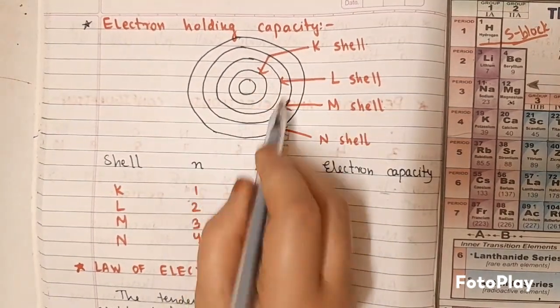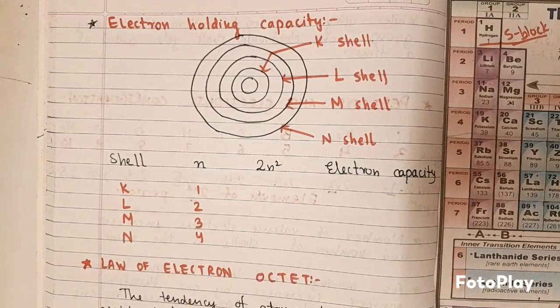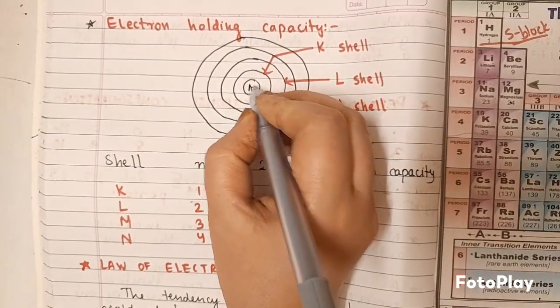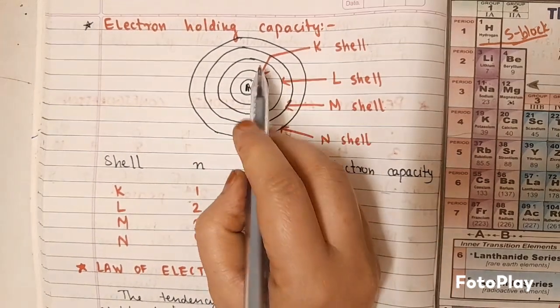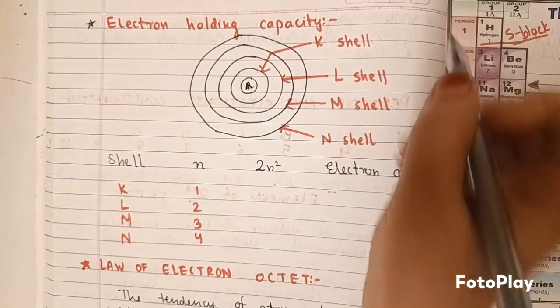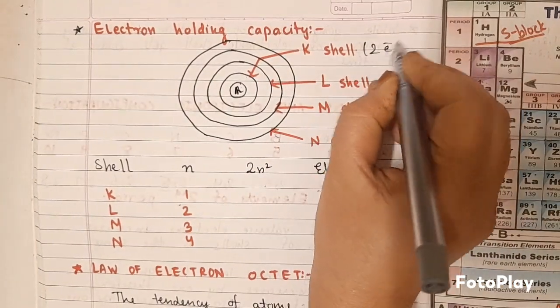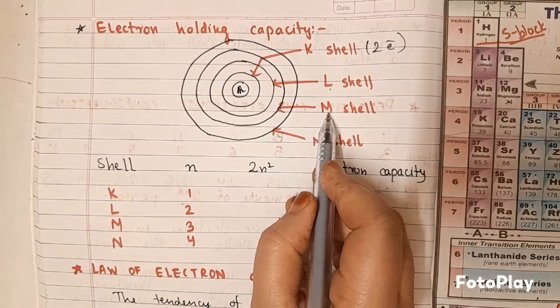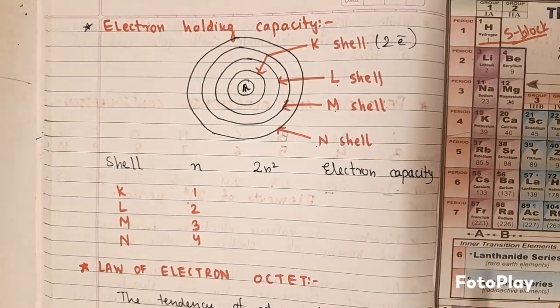Here I have made an electron shell distribution diagram of an element. This is the nucleus. The first shell after the nucleus is the K shell, its capacity is 2 electrons. The second shell is the L shell, the third shell is the M shell, and the fourth is the N shell.